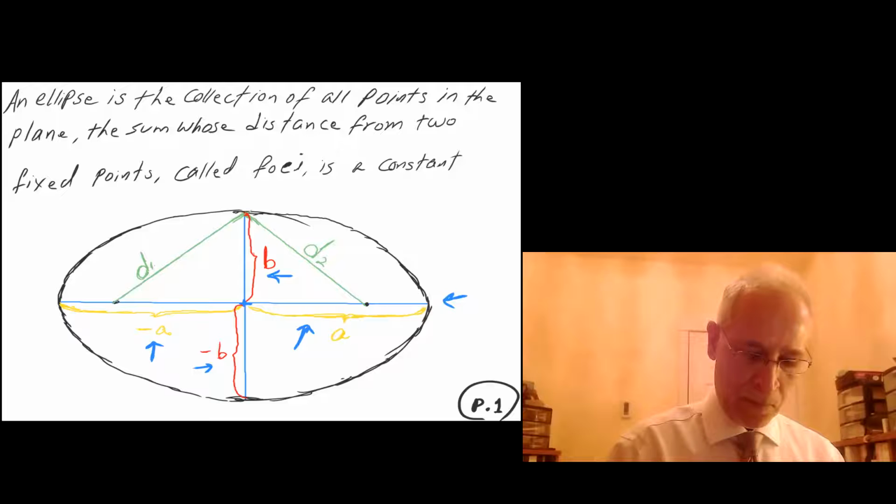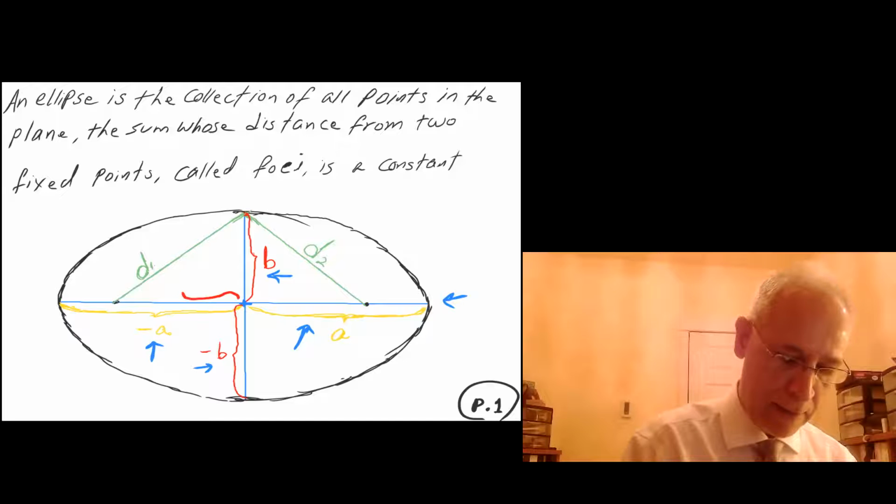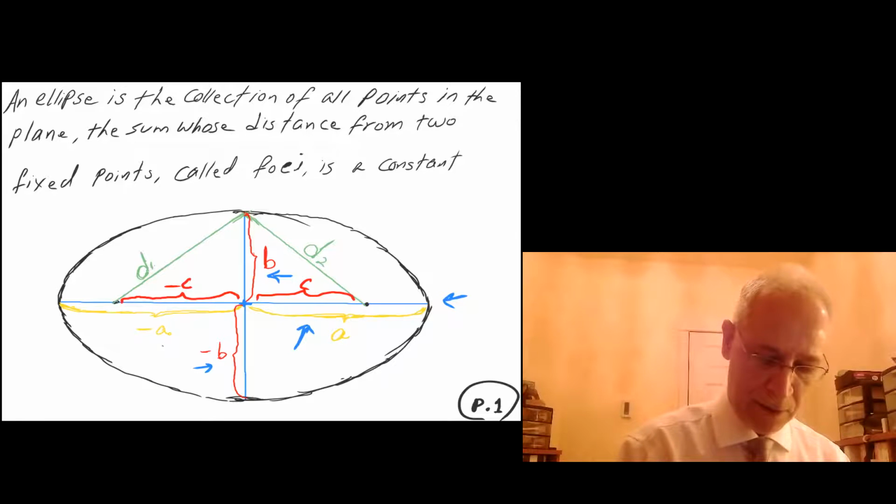And if I call this distance right here C, actually this would be minus C, and this would be C. Let me erase some of this because it's getting really crowded.